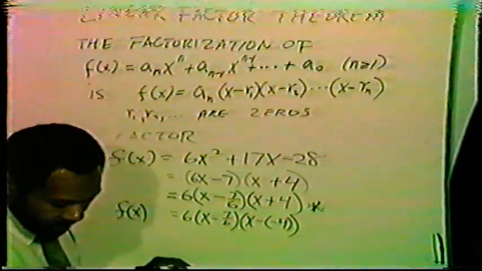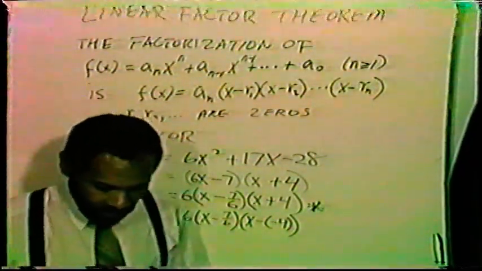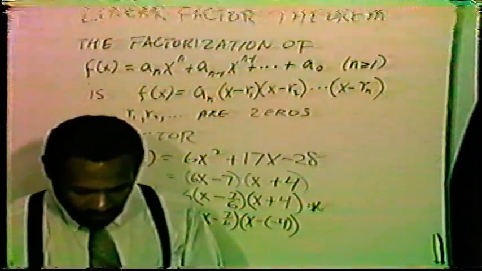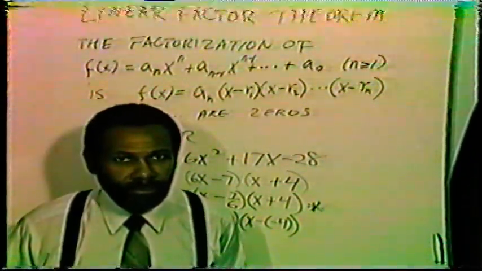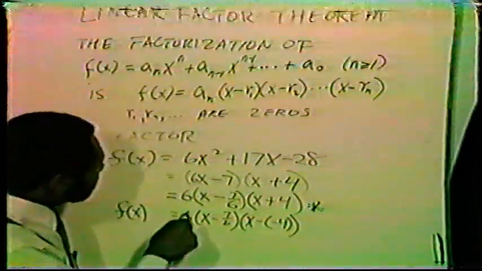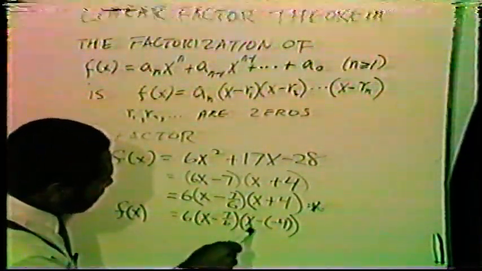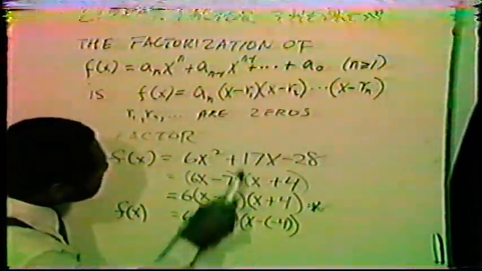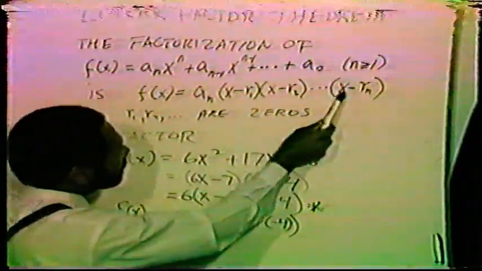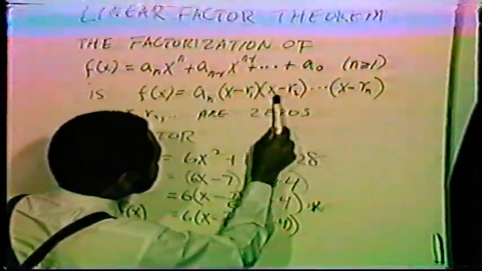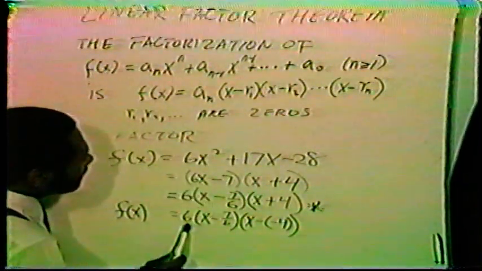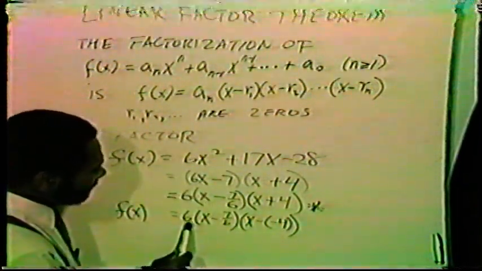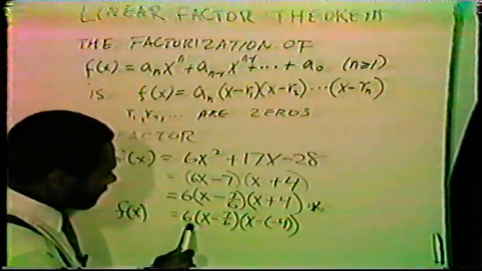So that is the linear factor theorem, and that's how we write factorization in the form of the linear factor theorem. Remember, you have to have just x for the first term in each factor. That's what the linear factor theorem tells us. And then you have the leading coefficient as the first number, and the only number, on the outside of the parentheses.